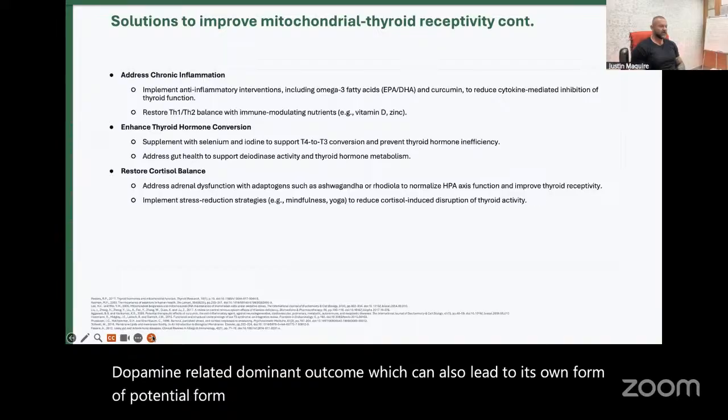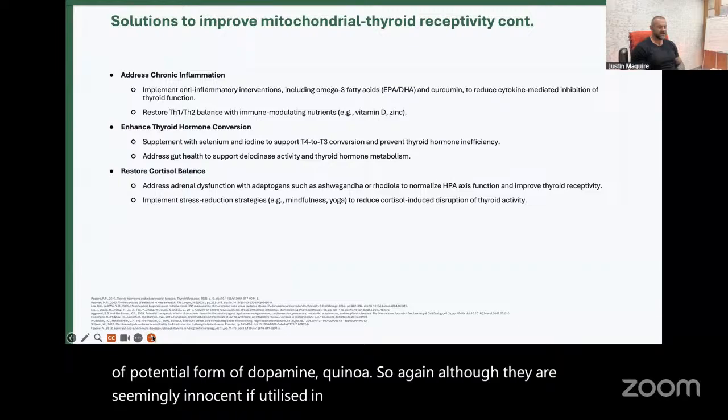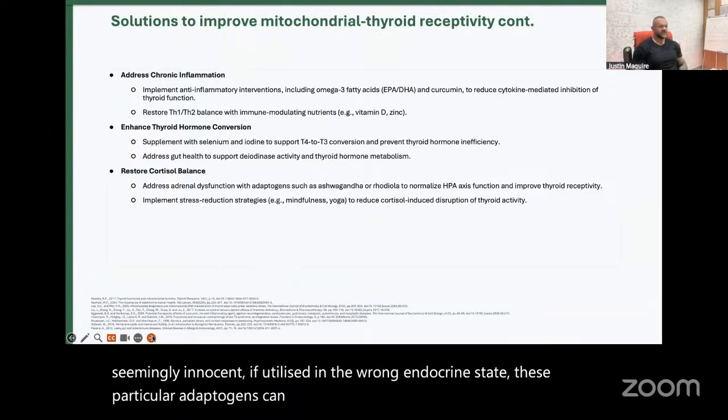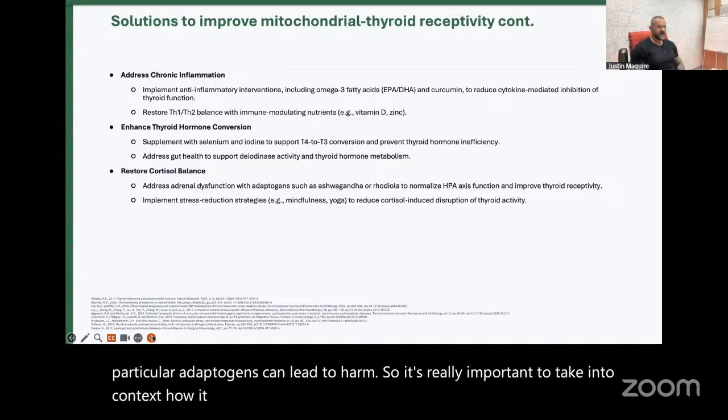So again, although they are seemingly innocent, if utilized in the wrong endocrine state, these particular adaptogens can lead to harm. So it's really important to take into context how it is that a person responds.